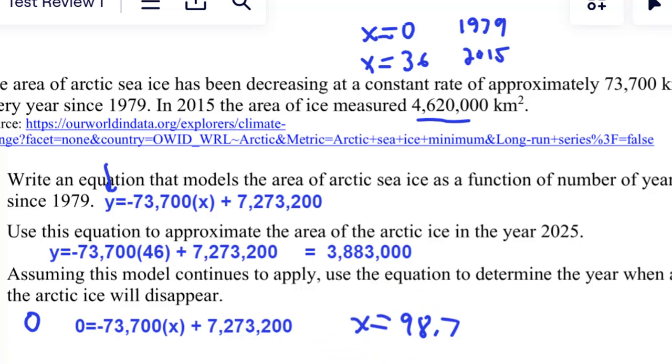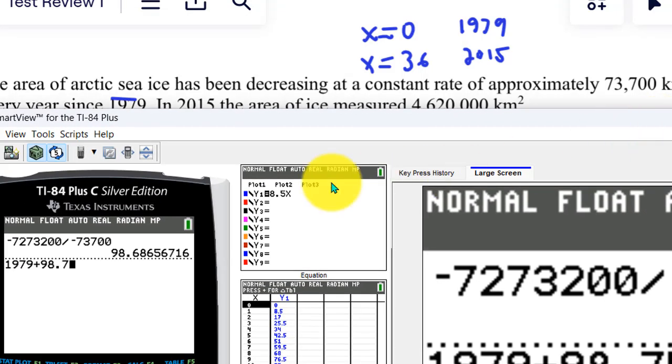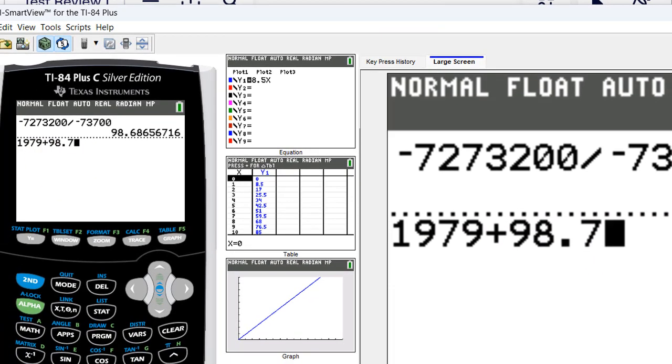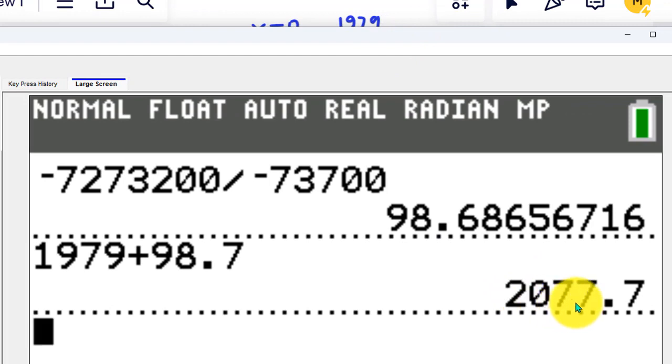98.7. So if you want to translate that into a year, how many years after 1979 is 98.7? If I add 98.7 to 1979, we get the year 2077.7.